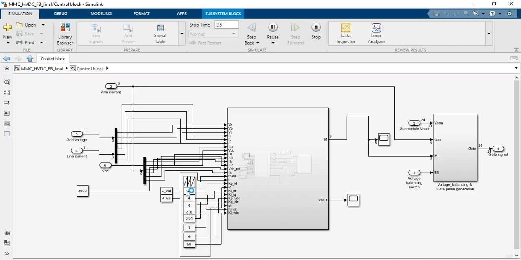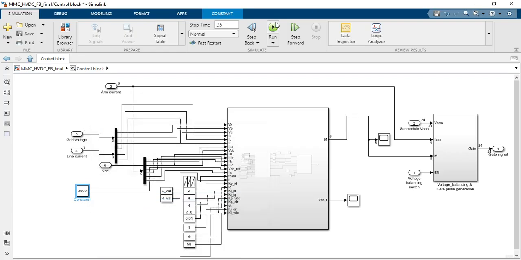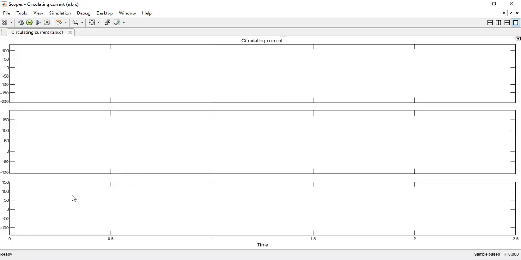We stop this. It is currently running. So this is the VDC ref, 3.6. We can increase or decrease this up to a certain level. Let's say we make it 3 kV. If you make it 3 kV, your reference has changed, so you will get the output voltage around 3 kV.